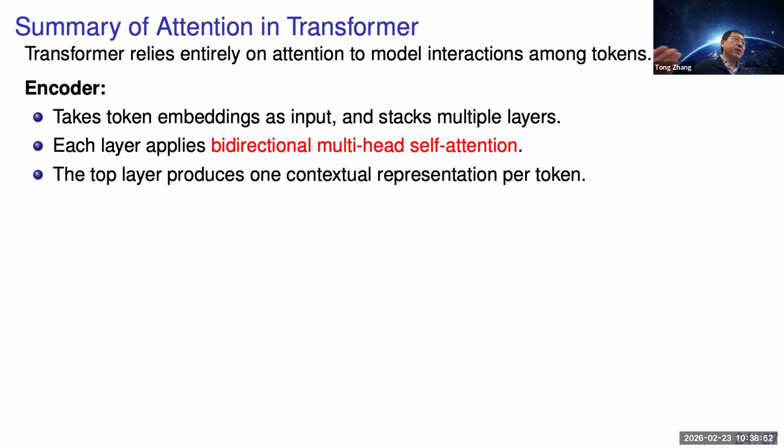It also has an FFN, which we'll talk about next time. The top layer, this one is all the modeling of your interactions for tokens. It produces one contextual representation per token, so it's one vector per token, of the dimension D model. D model is a dimension typically you're given.